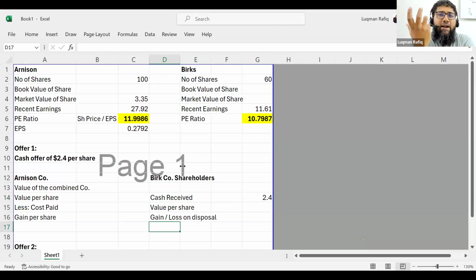We need to compare it with the value per share, that is, what is the current value of a Burks company share. Can you calculate the current value of a Burks company share, please?